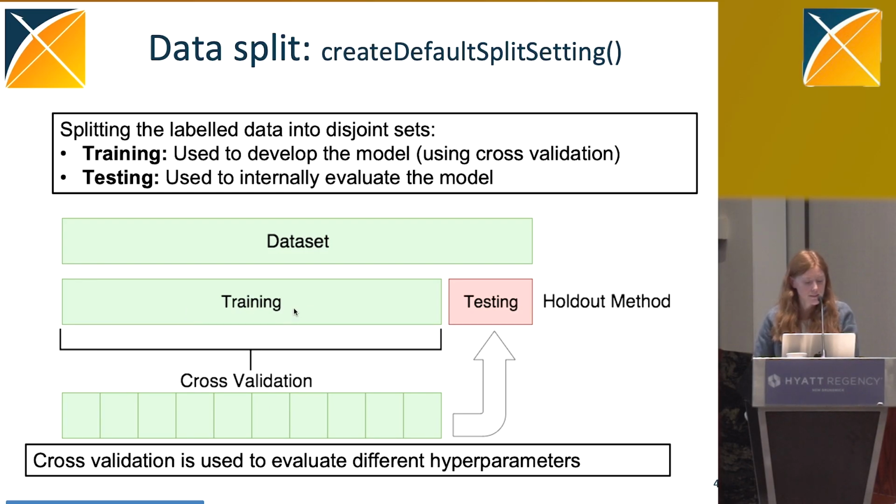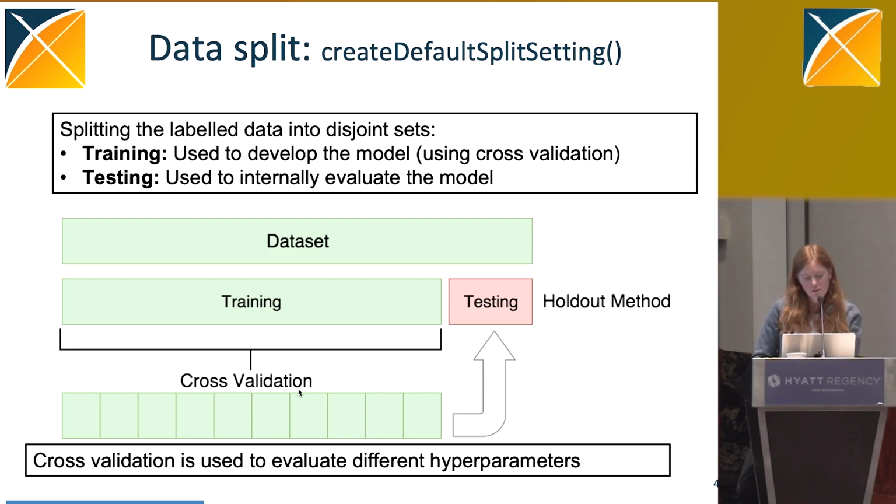So we use a training set, a test set, and then cross-validation in the training data, where you split it into n unique partitions. These are all disjoint, so it's different people, different data points in each of these folds. We use n-1 of these folds to develop the model, and then use the last fold to evaluate the model.